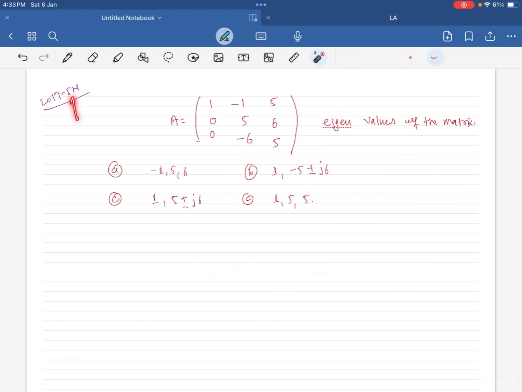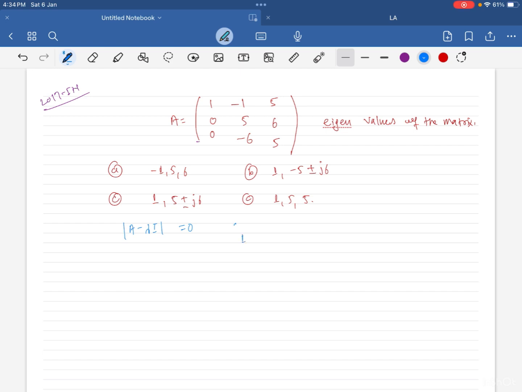This question is again from instrumentation, and we are given this matrix A, and we have to find the eigenvalues of this matrix, right? We can also have complex eigenvalues, so let's go by the regular method that we used to do: the determinant of A minus lambda I is equal to 0.